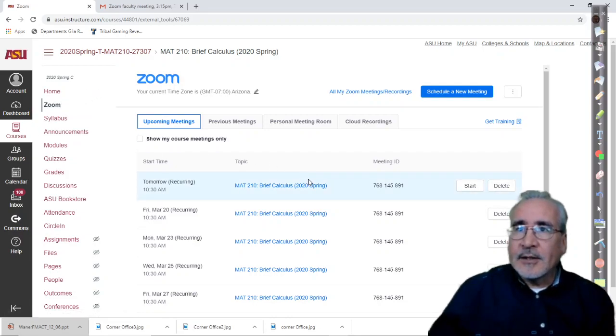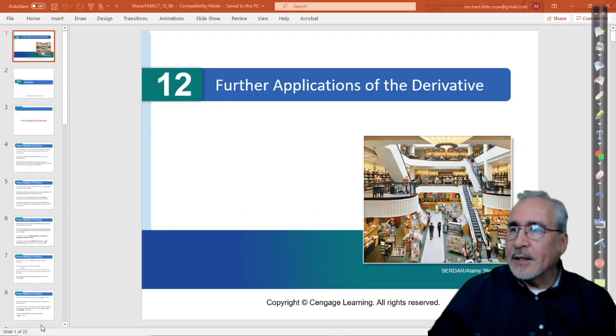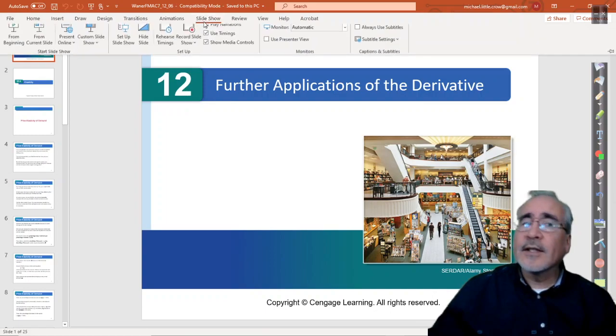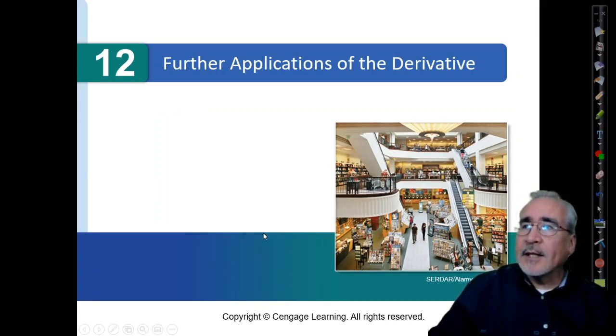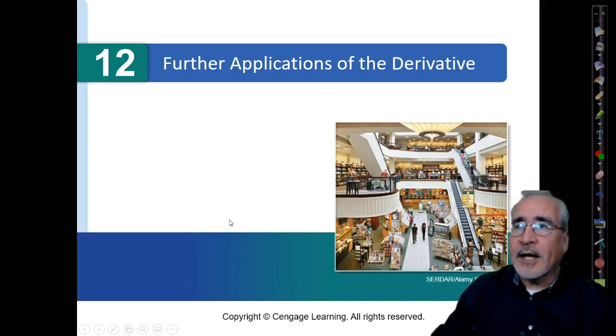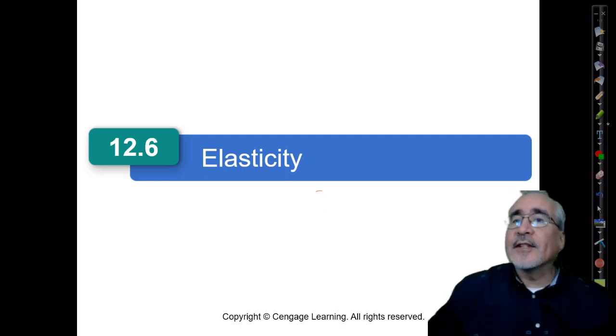Okay, so with that being said, let's go ahead and take a look at our 12.6. Okay, we'll play it from the beginning. So we're going to look again at further applications of the derivative, and this time we're going to look at the concept of elasticity. So what exactly is elasticity?